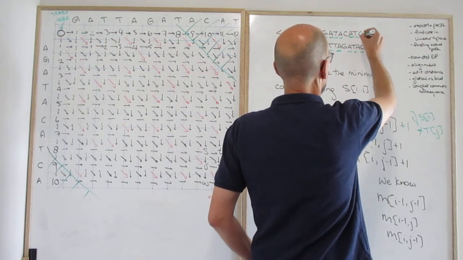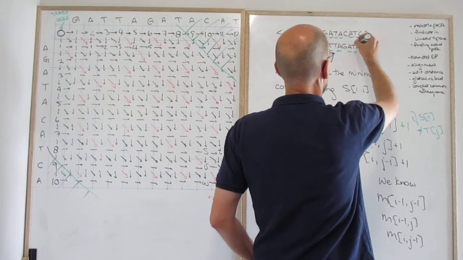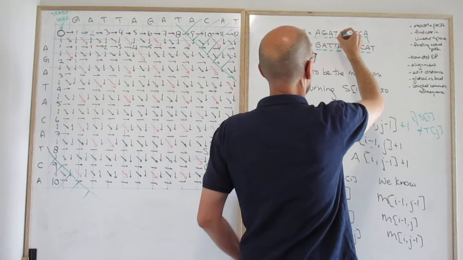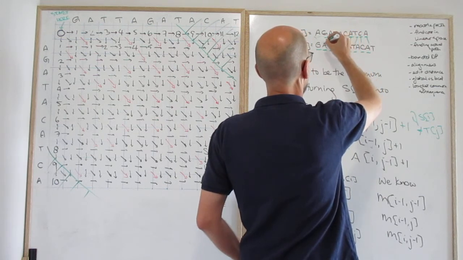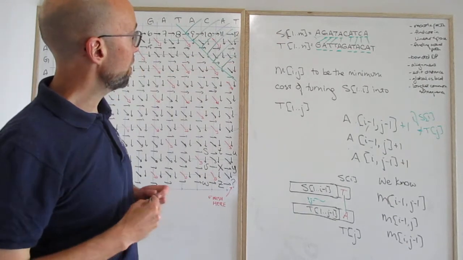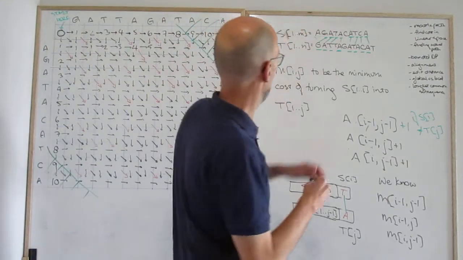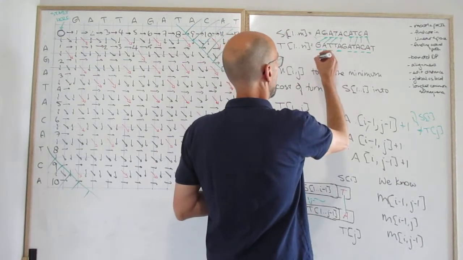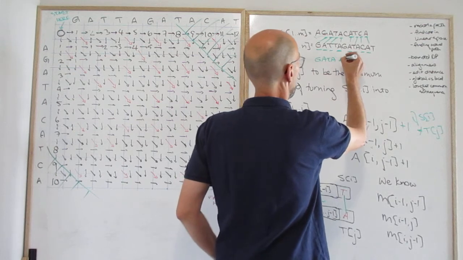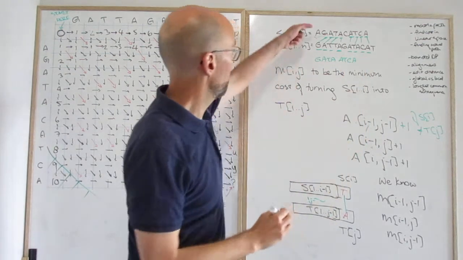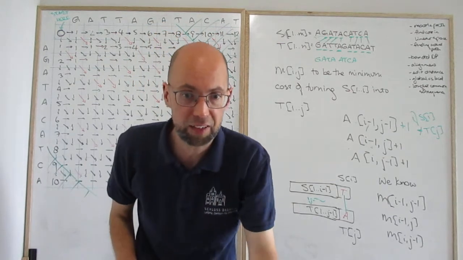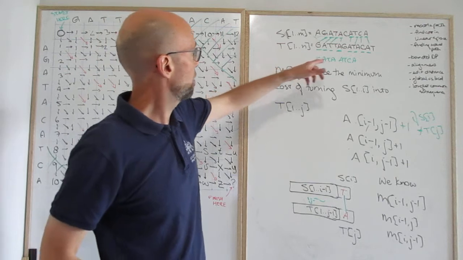So for example, here's a subsequence that is in common. GATA ATCA is common to both of these strings. Gata cat is probably also common. I don't know which one is longer.